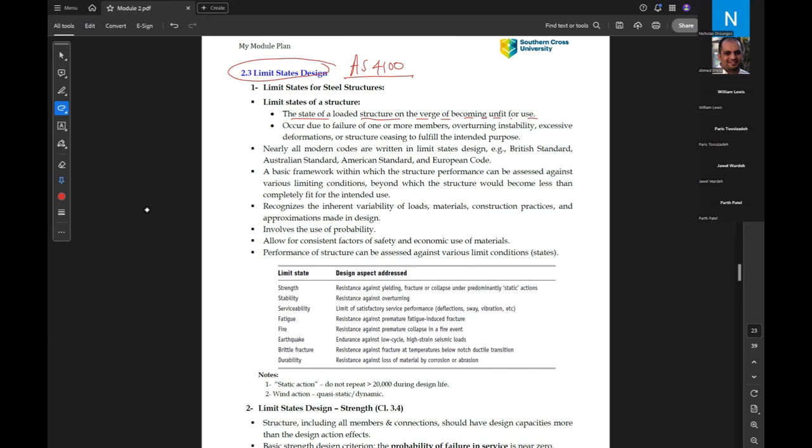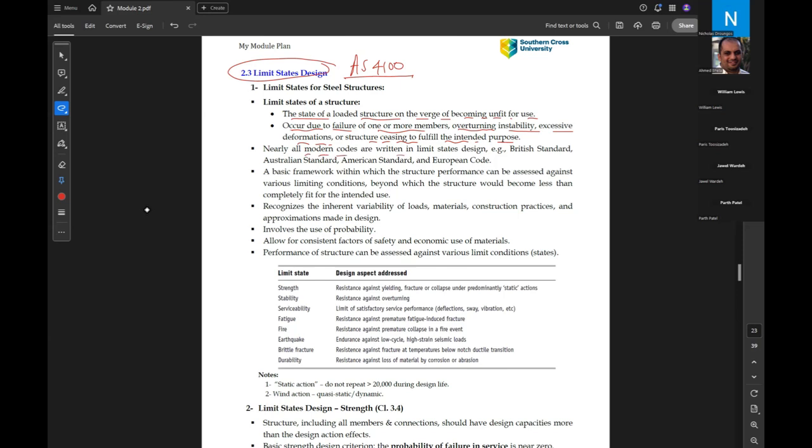So the limit state means the peak loading or the extreme case of the structure. After this situation, the building or the structure will start to collapse or fail. The limit states occur due to failure of one or more members, overturning instability, excessive deformation, or the structure ceasing to fulfill the intended purpose.